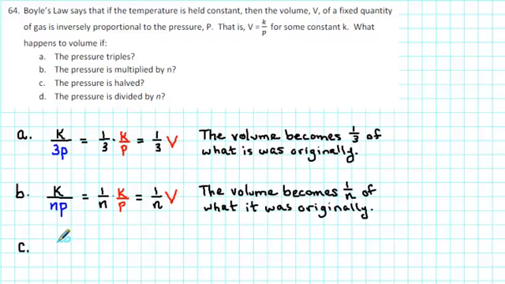So we'll substitute P divided by 2 for P. Dividing by P over 2 is equivalent to multiplying by 2 over P, and we can rewrite this as 2 times K over P. But once again, K over P represents the original volume, so we end up with 2 times V. So when the pressure is halved, the volume is doubled.